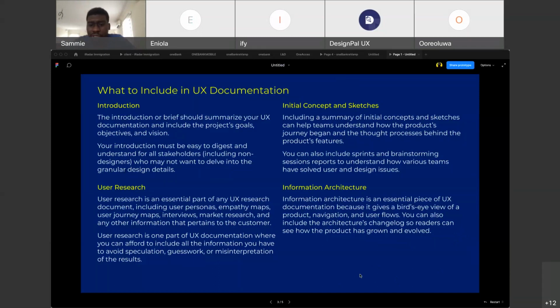So, information architecture, please. Any questions so far? Note down your questions. Let me see if there are any questions. I need to know if there are questions.